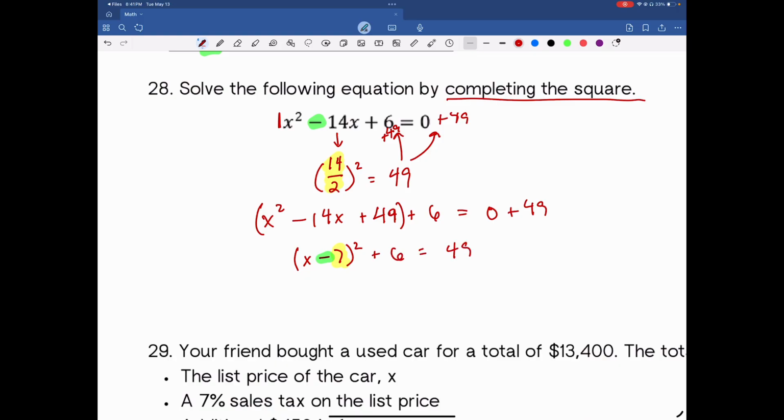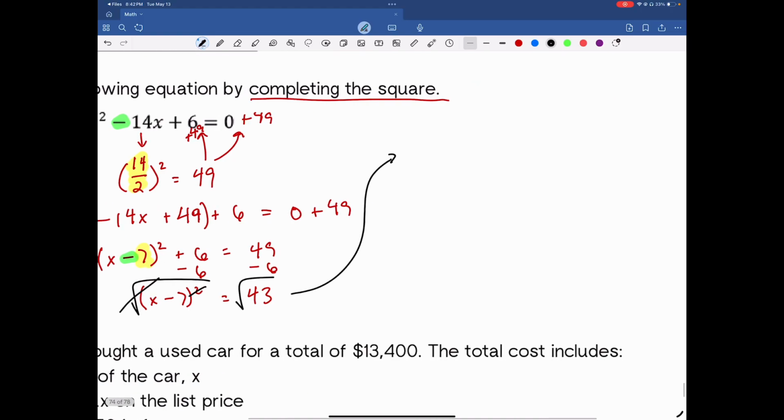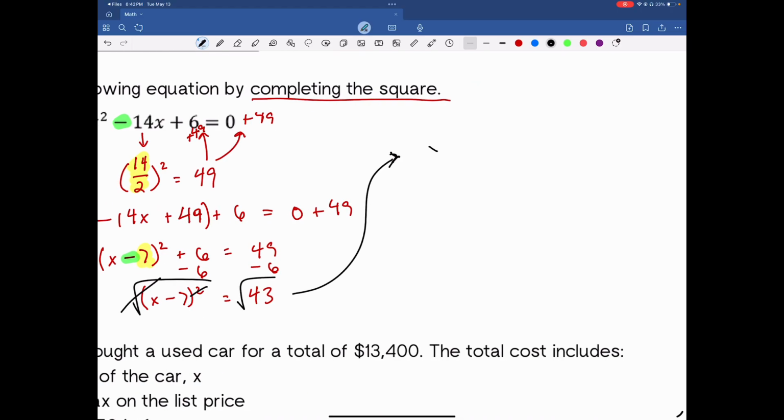Now we want to solve for x. So I'm going to take away 6 from both sides. I still have x minus 7 squared, and that's now equal to 43. Now I want to take the square root of both sides so that the square root and the square cancel. I now have x minus 7, because the squared went away, is equal to plus or minus the square root of 43.